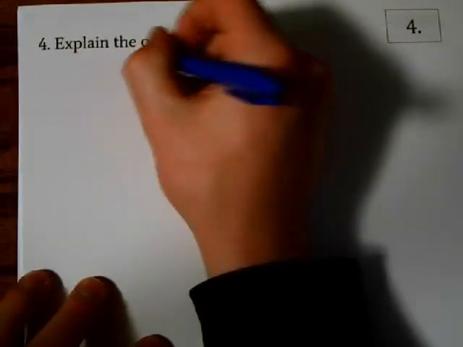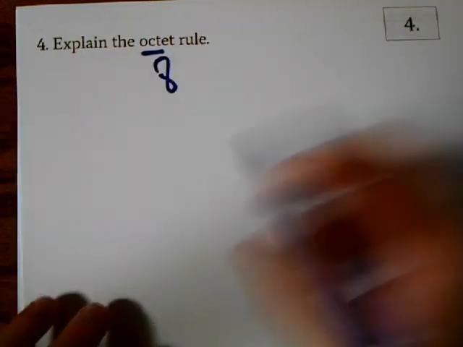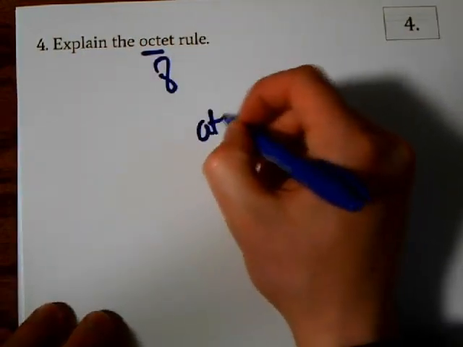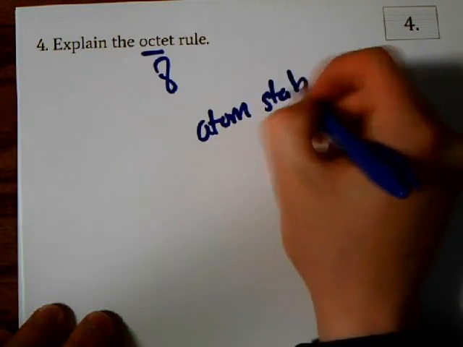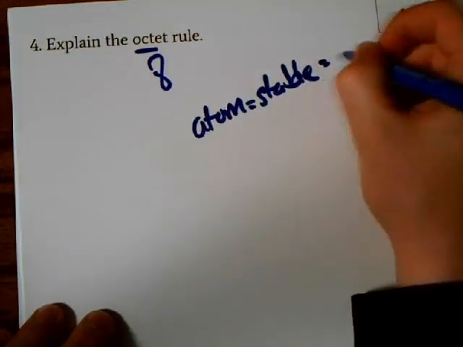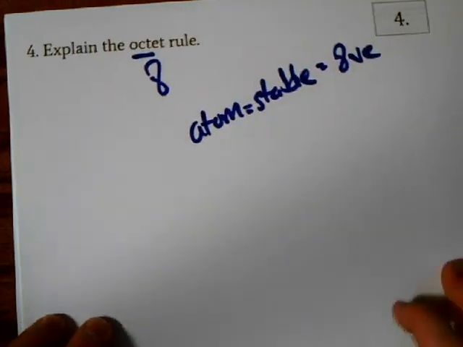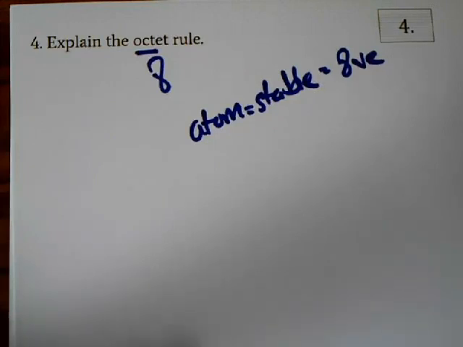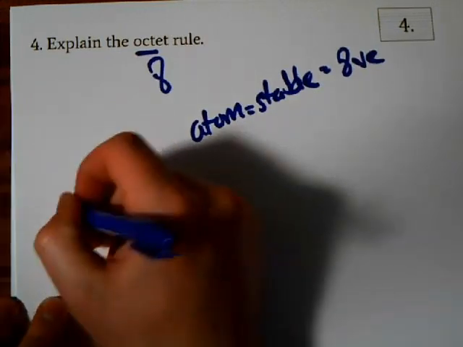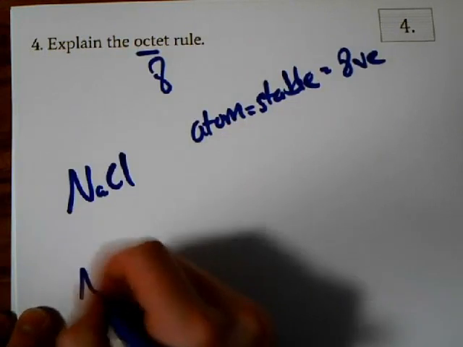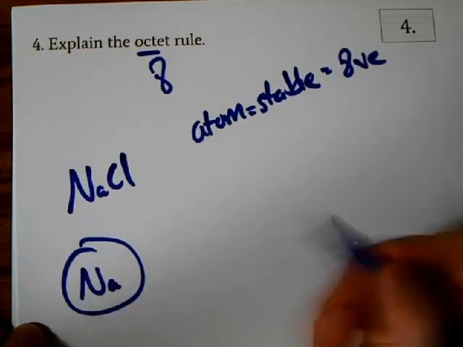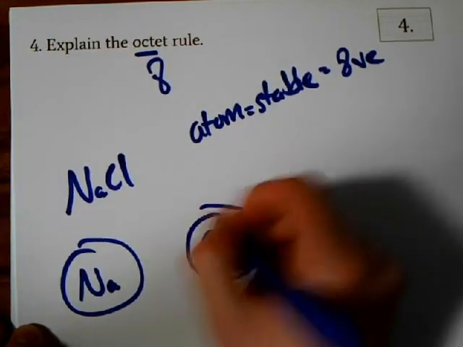The octet rule is very simple. Octet means 8. So the octet rule is that for any atom to become stable, they are going to have to reach 8 valence electrons. Now, how they get 8 valence electrons is through chemical bonding, and there could be one of 2 options. One way could be like sodium chloride, where I have sodium, and we're just going to draw its outer shell. And we have chlorine.